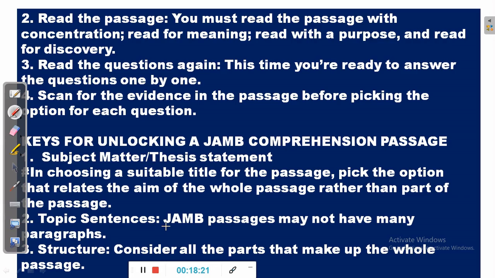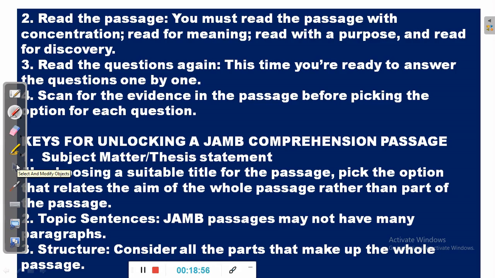However, the topic sentence may not be a very major or reliable key for unlocking a Jamb comprehension passage, because Jamb comprehension passages are usually short and may not contain many paragraphs. So you may not be able to have the opportunity of trying to look for the topic sentence for each paragraph.